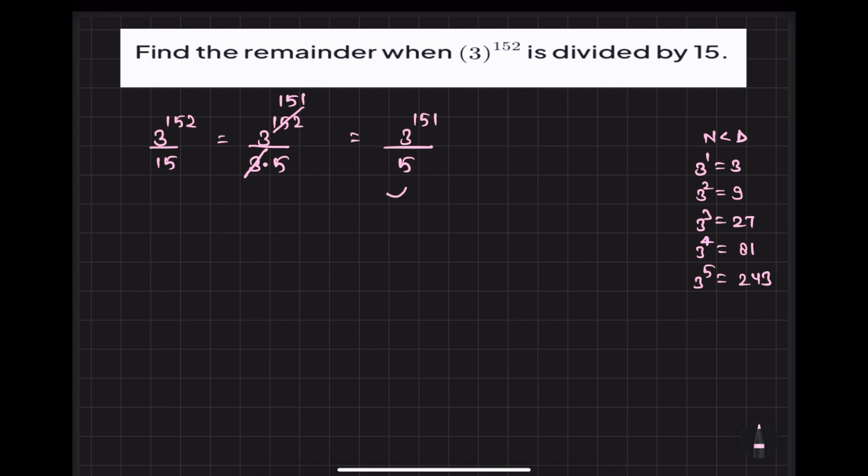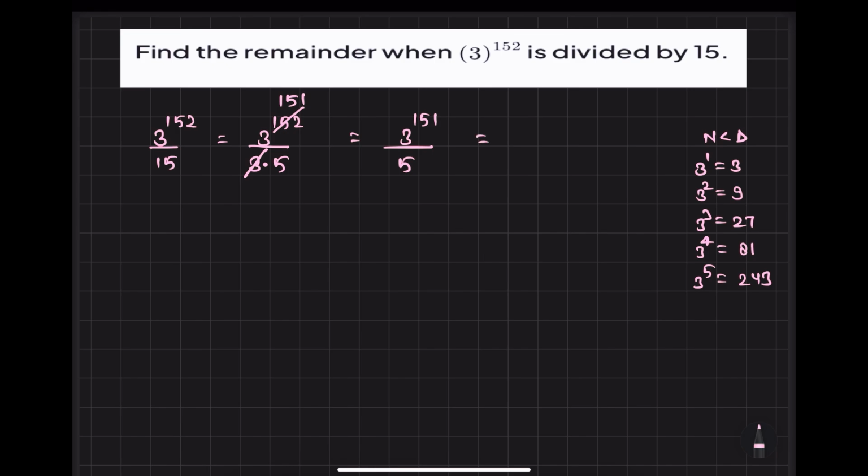And look at this, the denominator is 5. If the denominator is 5, this means what? 5 is a prime number, right? So we can write 3 power 4, and 3 power 4 will give remainder 1, correct or wrong? Correct.